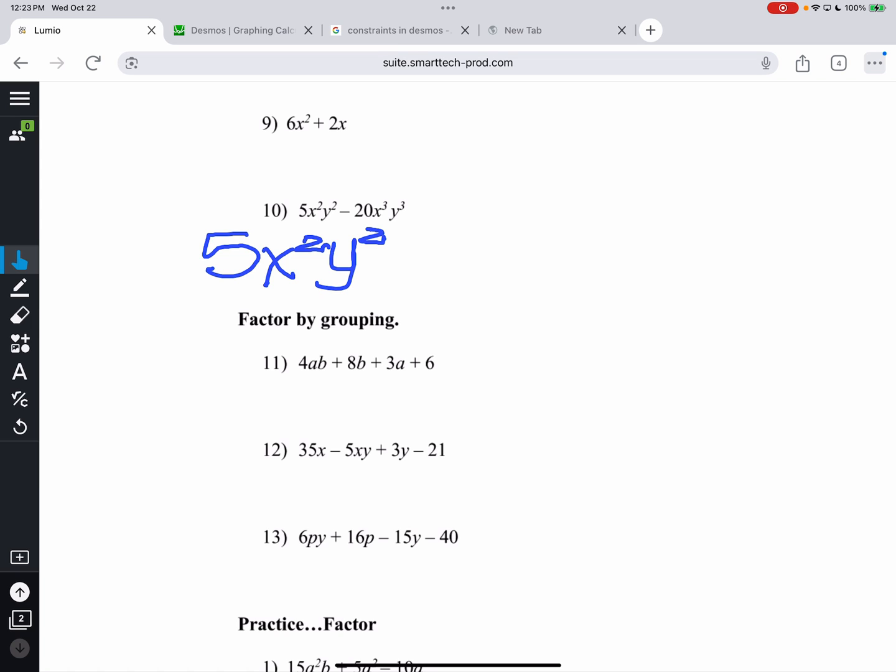The greatest common factor for variables will be the smaller exponent. So x squared is smaller than x cubed. X squared means they have two of them, but x cubed means there's three. So they would share two, but not the third one. So go with the smaller exponent, same base. That's kind of the shortcut.